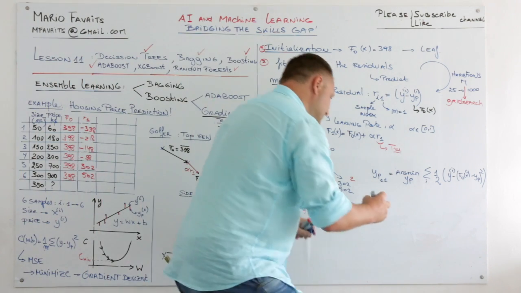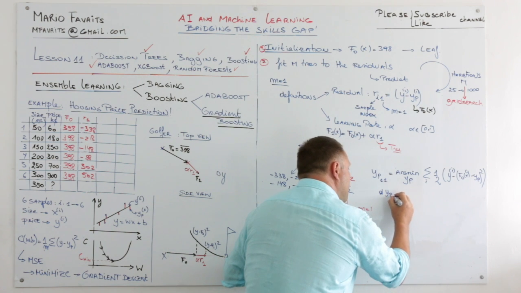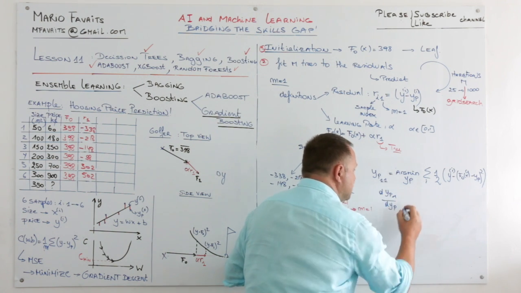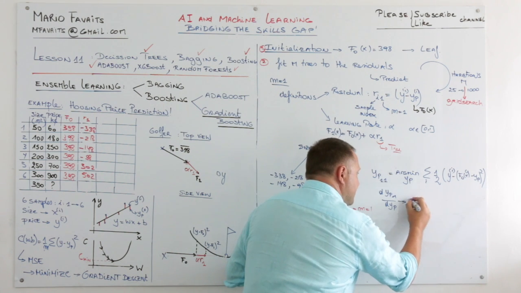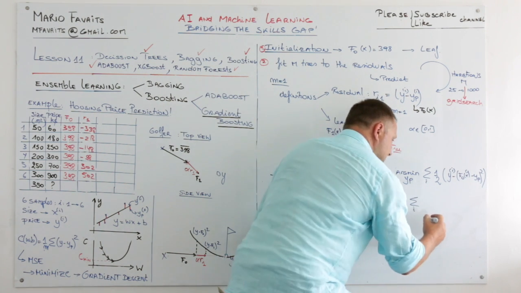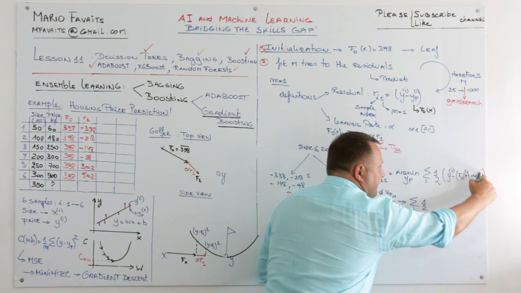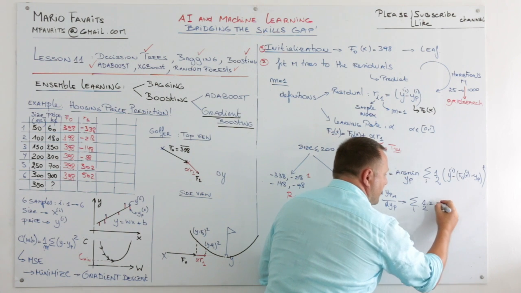So let's take the derivative with respect to y-predict. What do we get then? Well, we still have the sum over i. And we have half, then the 2 comes to the front.